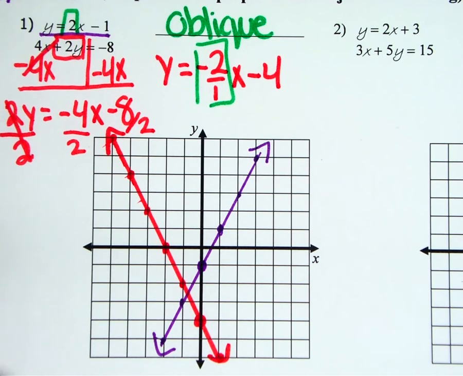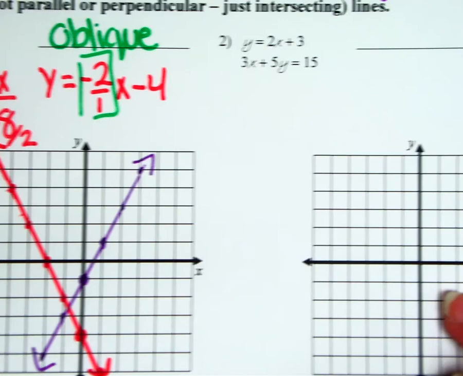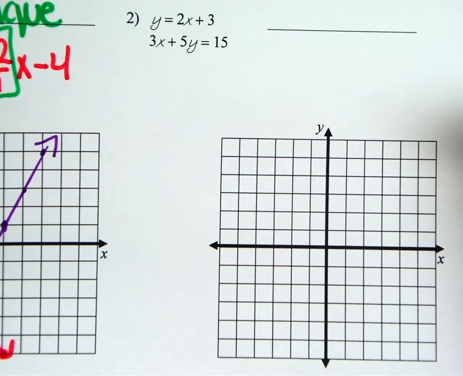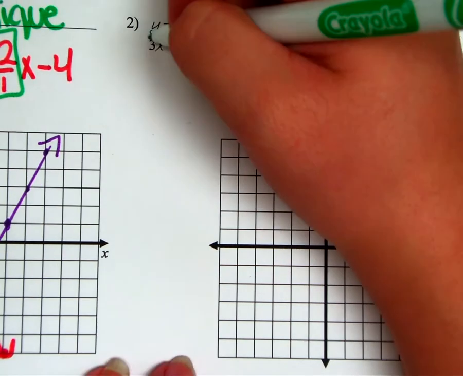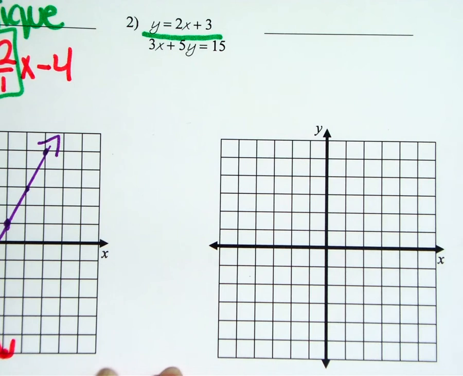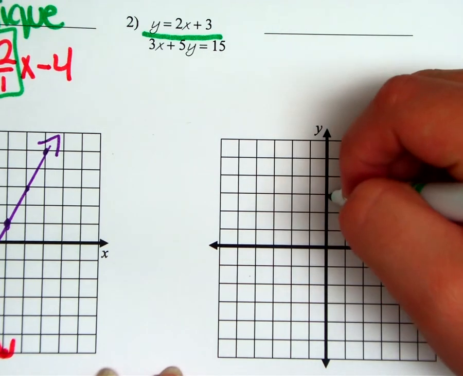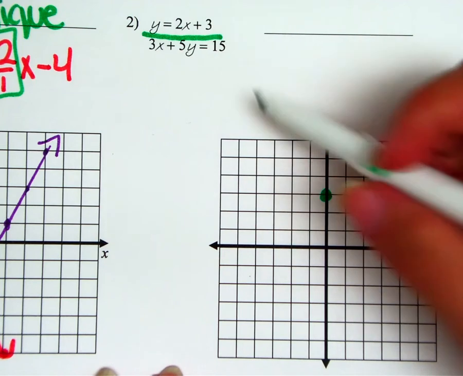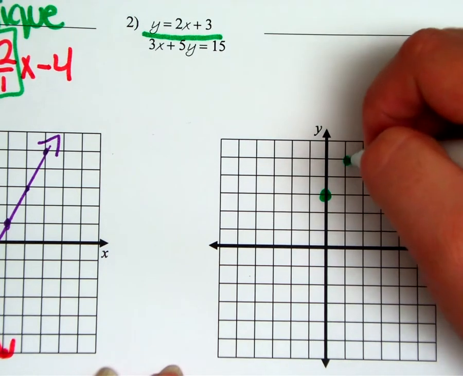Now let's do number 2 together. So we'll go ahead and graph this first one. We'll graph that in green. So starting with the +3, I'll put a dot there. My slope is a +2, so I go up 2 over 1.